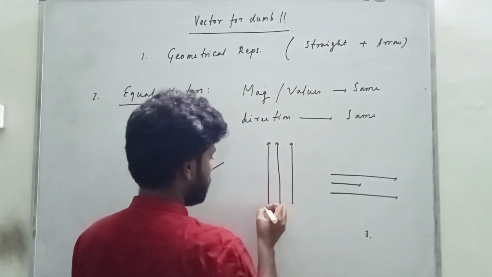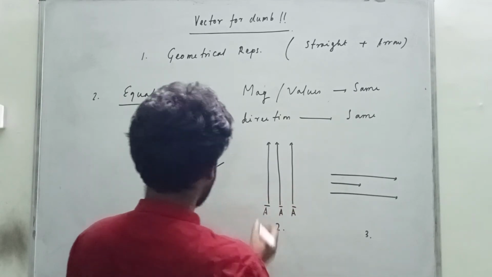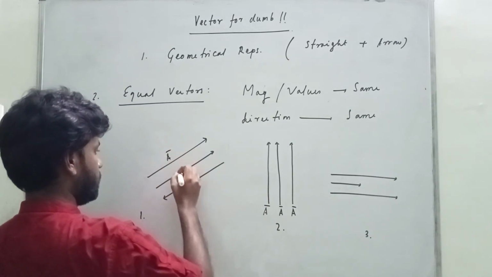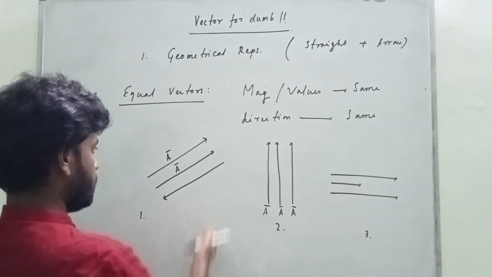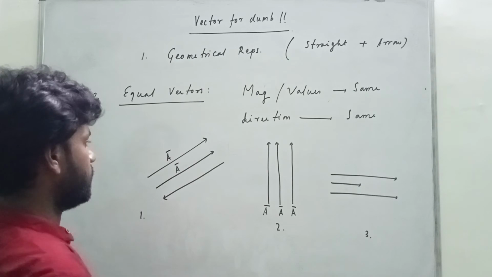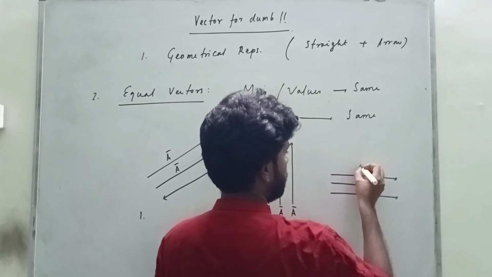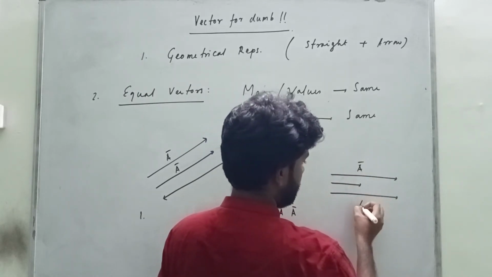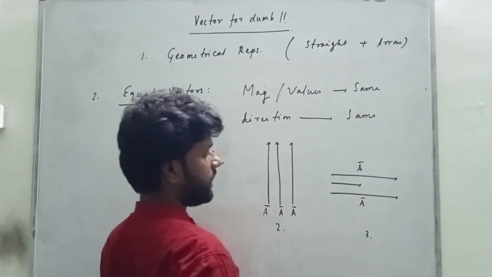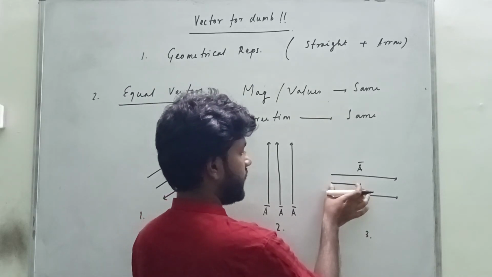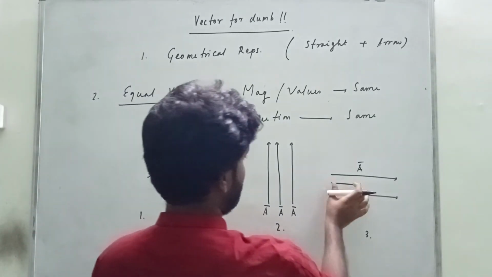If I call this A, then obviously it is A and obviously it is A, but you can't represent this one as A, because its direction is not the same as these two. And if I represent this here as A, obviously it is A because the length of these two is the same and the direction is the same, but it is not actually A, because maybe the direction is the same, but the magnitude is not the same.